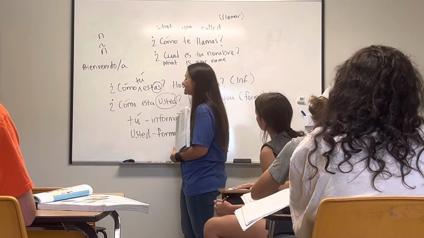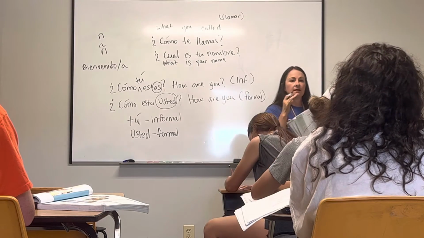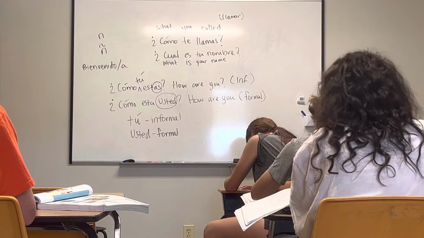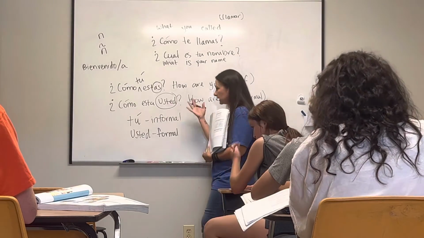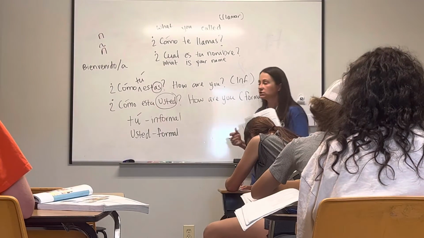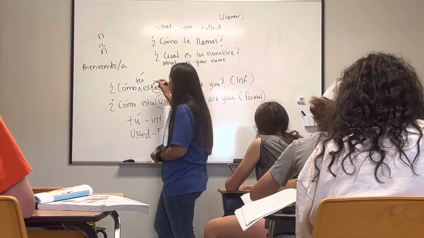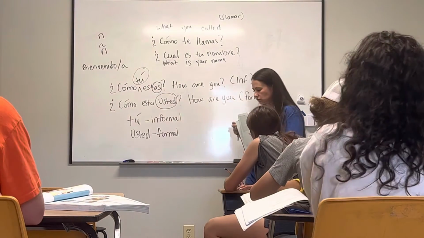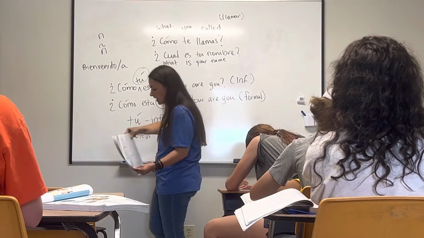If you see usted, then you know it's formal. It's automatically formal. So if your work asks you how do you say, how are you formal, then you're just looking for that usted, making sure that that's in there. You can also look for this too. It's not always there, but the usted is usually always there. All right.